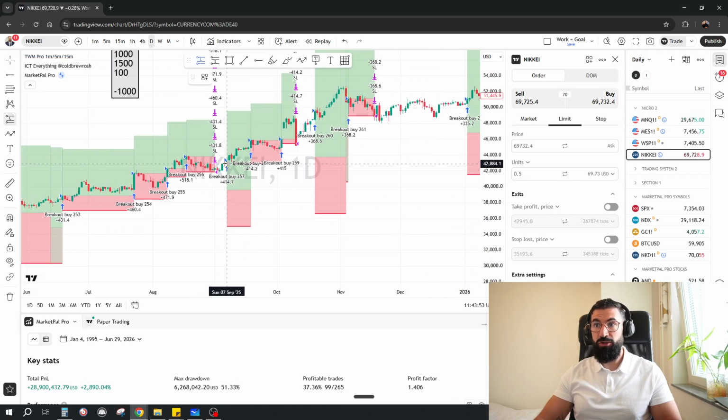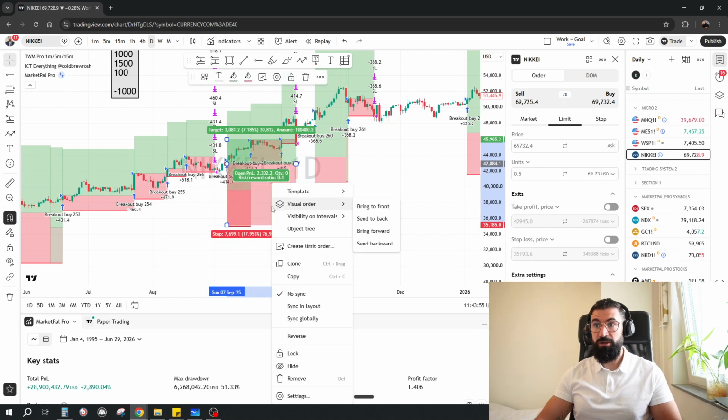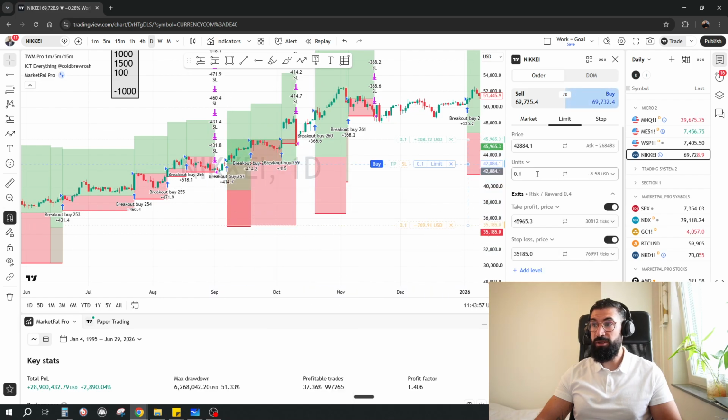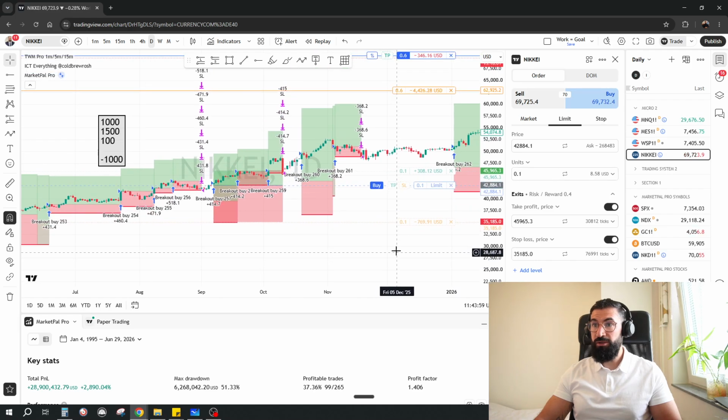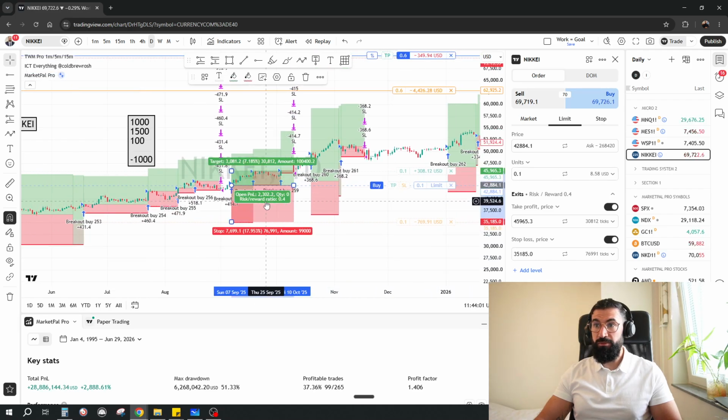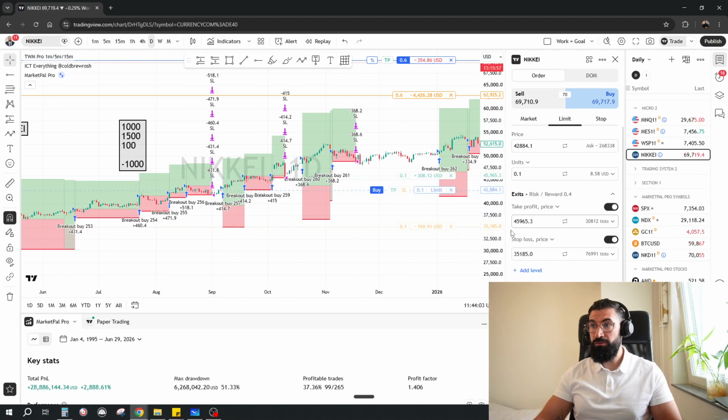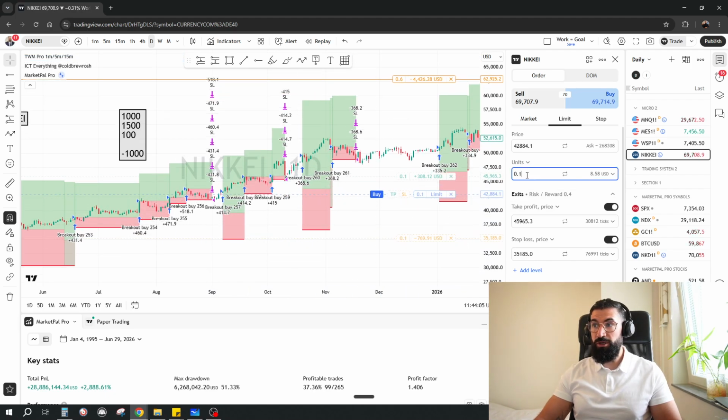I'm really trying to show you how this works and give you an understanding of how this works. So I'm gonna remove this one. In this trade, I'm gonna maybe risk a little bit more, 1,500. Yeah, that's fine. I'm risking 1,500 on this trade.